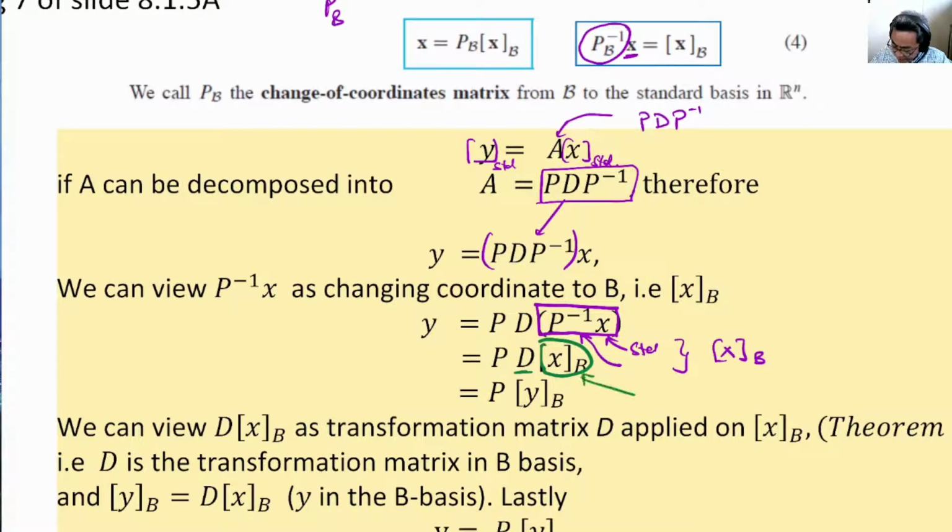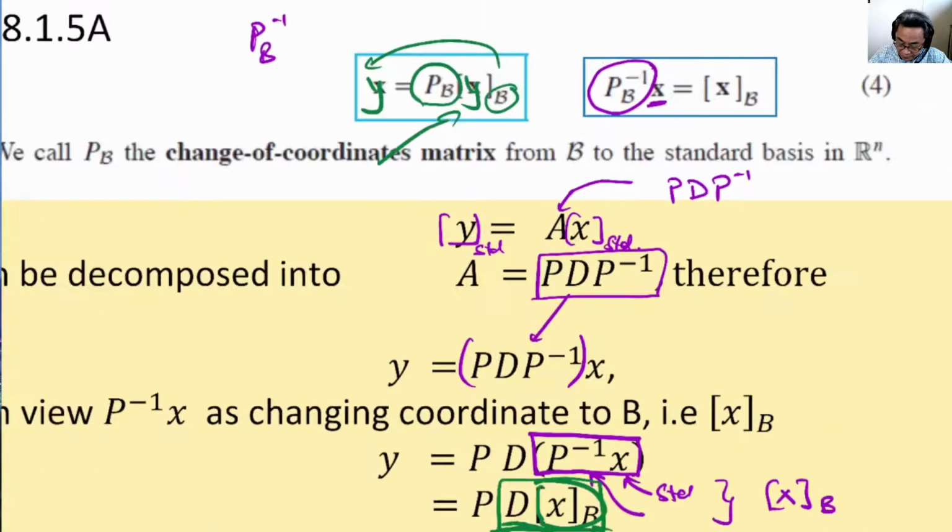What this shows us is that we are transforming X in the B basis using the matrix D. So we get Y of B. Y of B is equal to simply D times X of B. Now, let's again recap. If this is Y of B, then multiplying on the left by PB changes the Y in the B basis to Y in the standard basis.